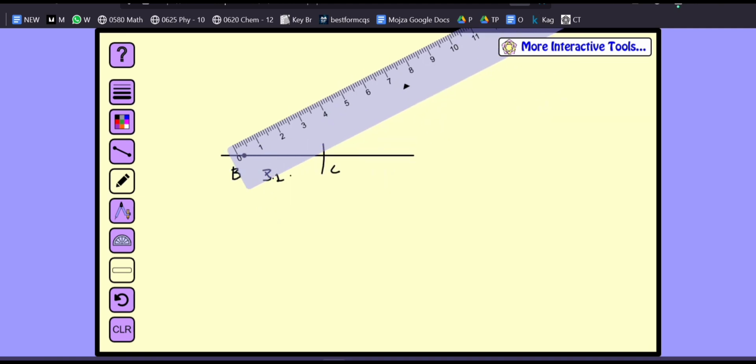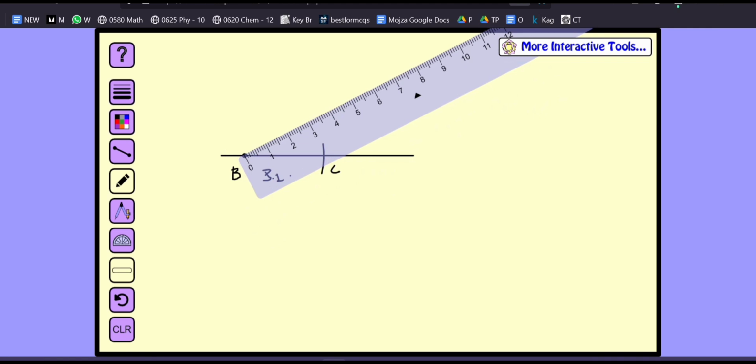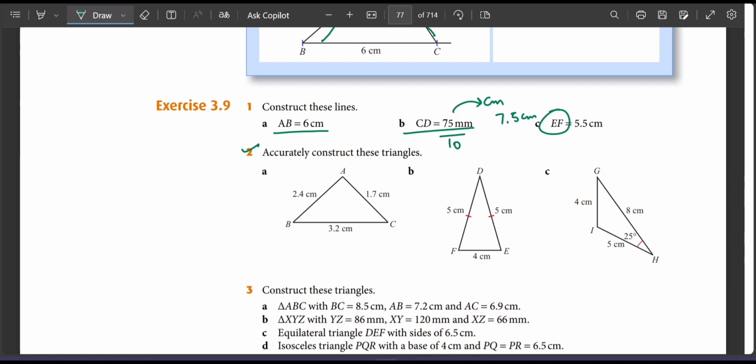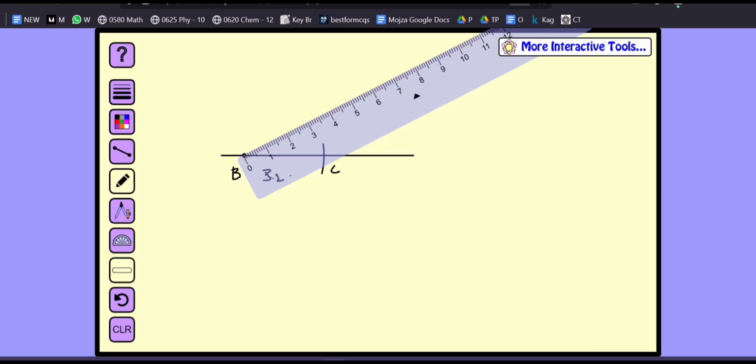Let's say हम इस पॉइंट के ऊपर 0 रखते हैं, right? Now what we are going to do is we are supposed to make 2.4 centimeter for A. अब हम अपना कंपास खोलेंगे and from the compass we are 0 से लेकर 2.4 तक हमने कर लिया.